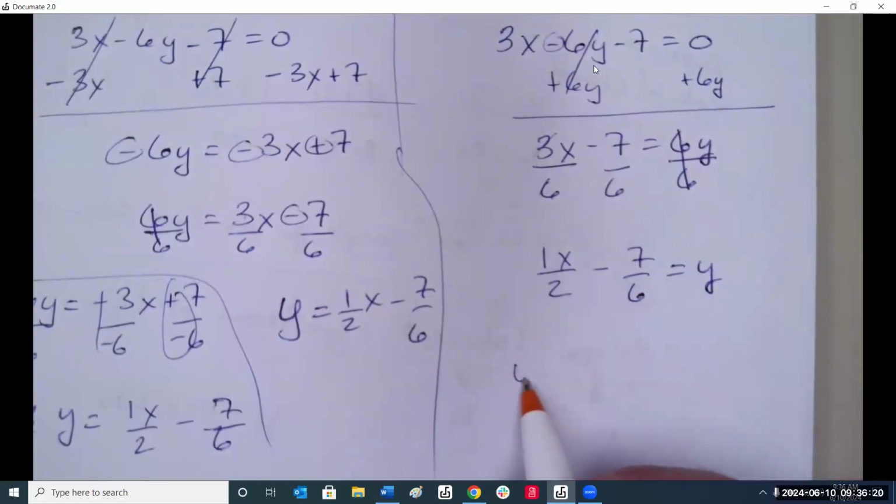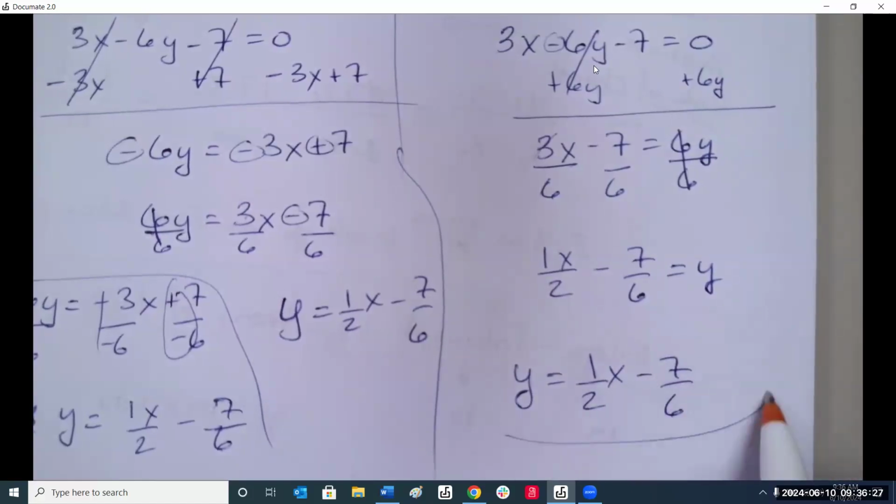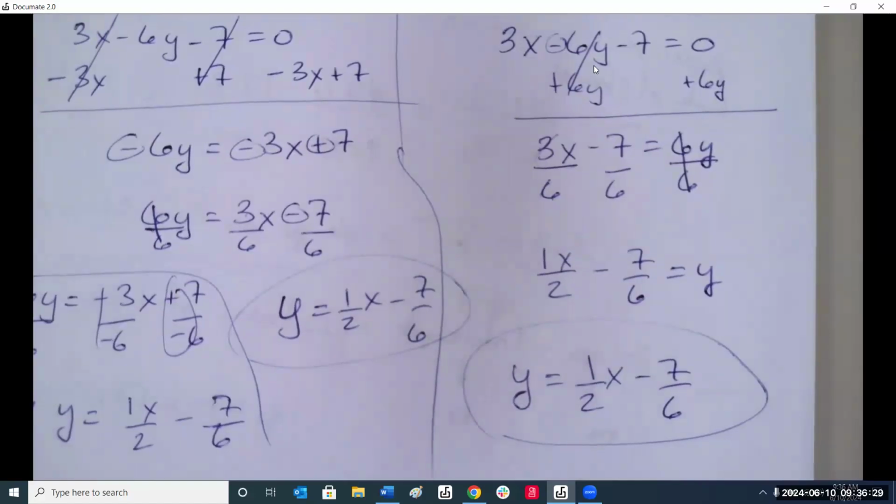Now, if you want to, you could rewrite it as y equals 1 over 2x minus 7/6. Again, through this course, I'm going to show you ways that you've been taught wrong in the last 12 years of your life, to minimize the chance of getting a mistake. I mean, it's not wrong. You can divide by negatives all you want. But again, your chance of making a mistake, of forgetting where one of the signs go, increases exponentially. So avoid the signs.